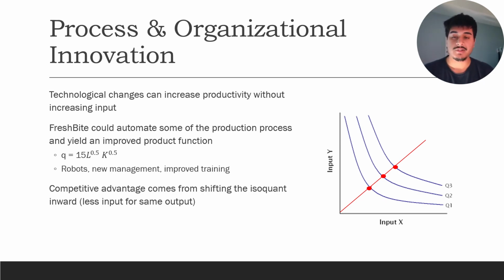For example, our production function could change from Q equals 10 times L to the 0.5 times K to the 0.5 to Q equals 15 times L to the 0.5 times K to the 0.5. This could come from robots, some new management, or improved training. This provides a competitive advantage from shifting the isoquants inward, less input for the same output. We see these equilibrium points moving in on this line, Q3 going to Q1 on the isoquants.